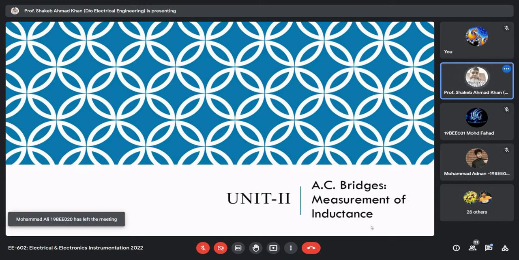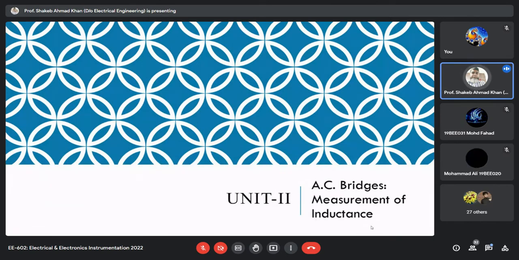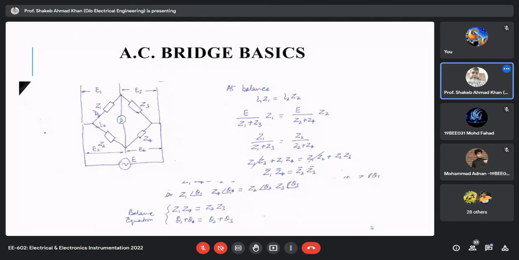As far as AC bridges are concerned, it is basically measurement of inductance, capacitance, frequency, and mutual inductance. All these things we'll discuss in this unit. The AC bridge method is considered a standard method for measurement of inductance, capacitance, mutual inductance and frequency.